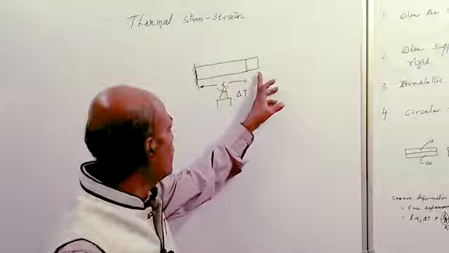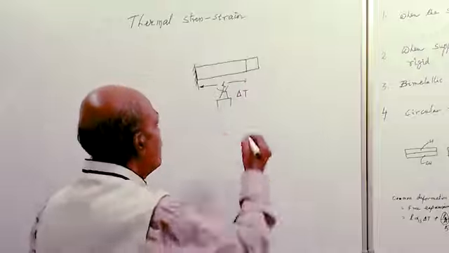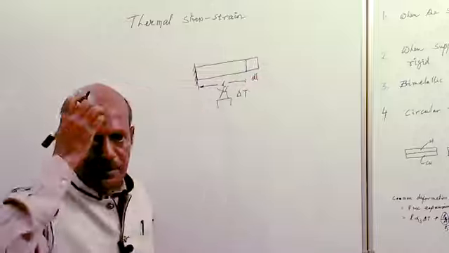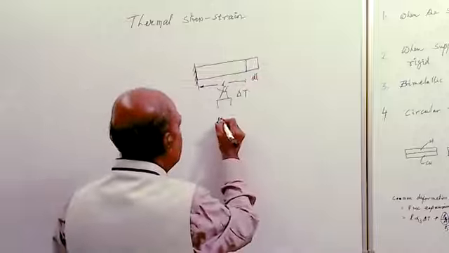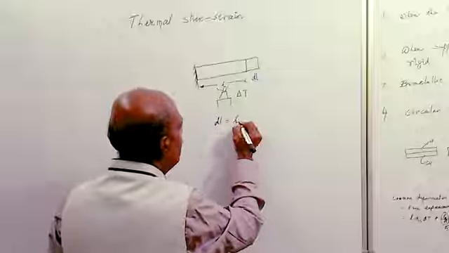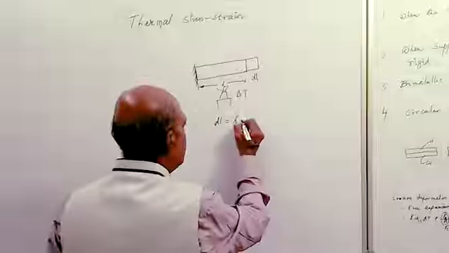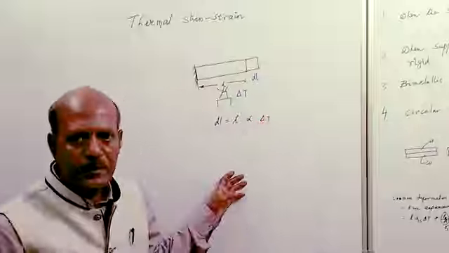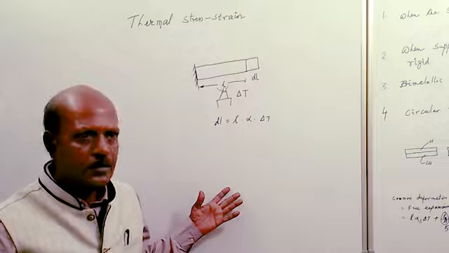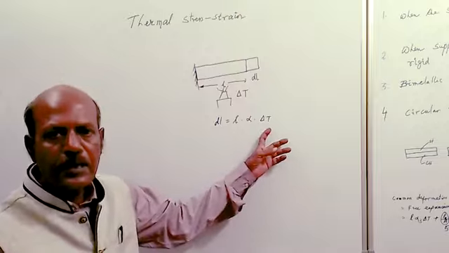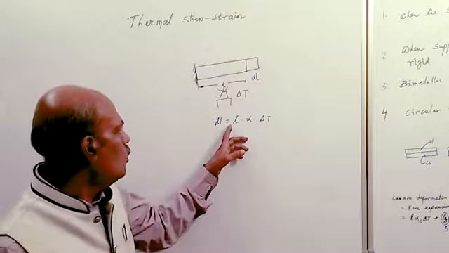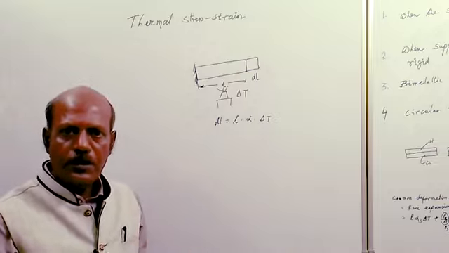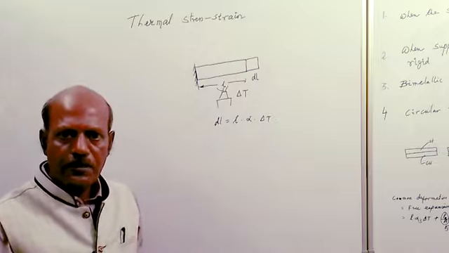Because of this temperature increase, the elongation of the body, say dl, is given by dl is equal to L, the original length of the body, into alpha into delta T. Alpha is the thermal expansion coefficient, and delta T is the rise in temperature. So L alpha delta T is the deformation produced because of the temperature difference delta T.